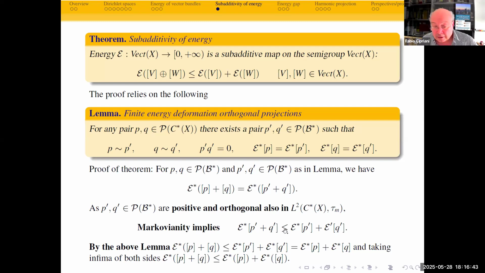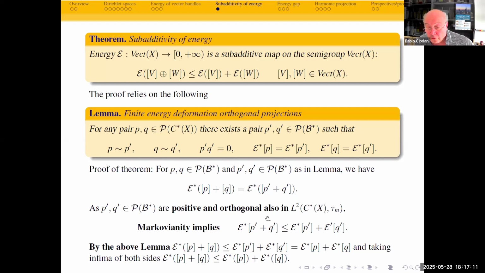And using Markovianity, since P prime and Q prime are positive and they are orthogonal in the C star algebra sense, they are also orthogonal in the L2 sense. And so, by the consequence of the Markovianity we illustrated at the beginning, we can write down this inequality.